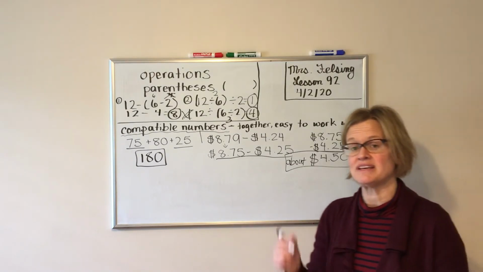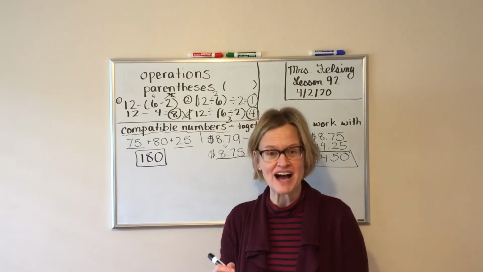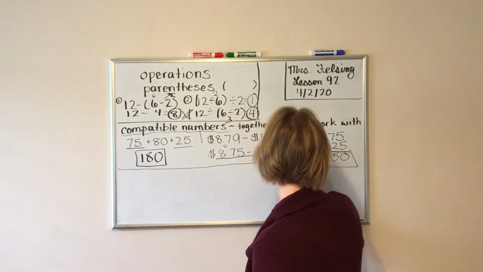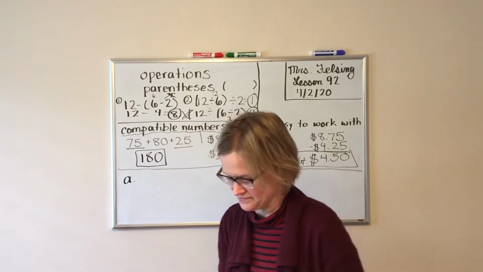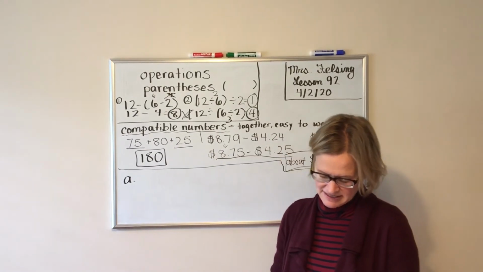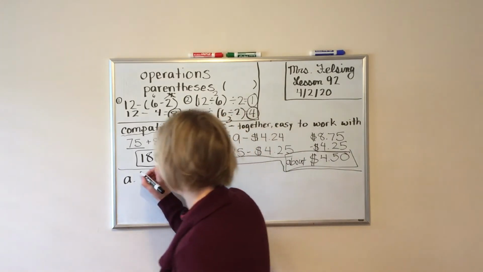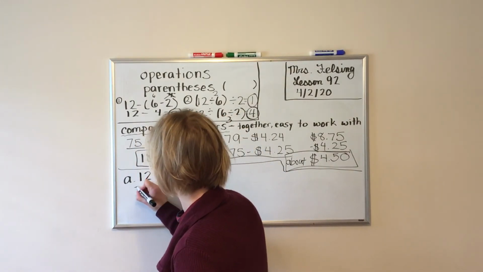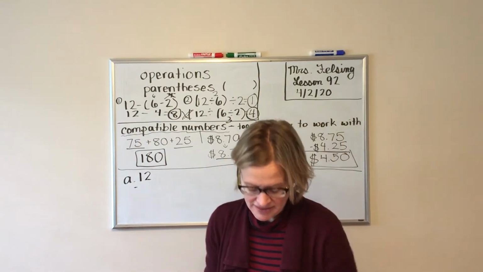So now get your pencil ready and let's go through the examples on page 501. And let's do those together. So I'm taking a look at letter A. It has 12 minus 6 divided by 2. Well, what I'm going to write down is 12 minus, and I'm going to figure out in my head the parentheses.